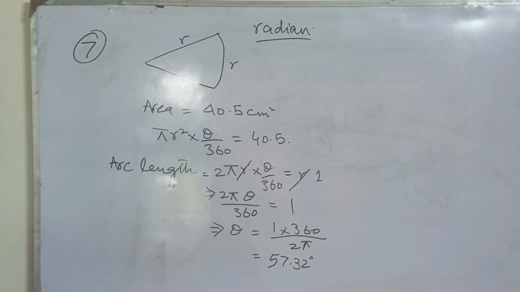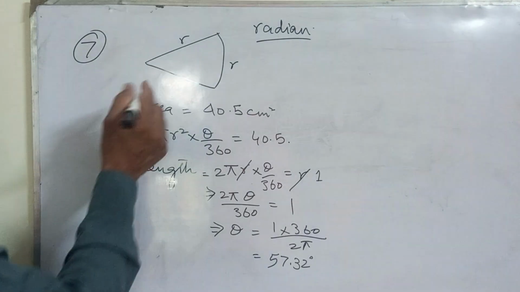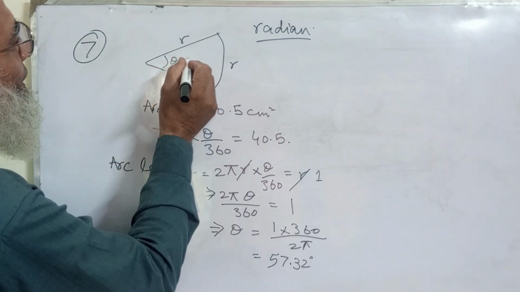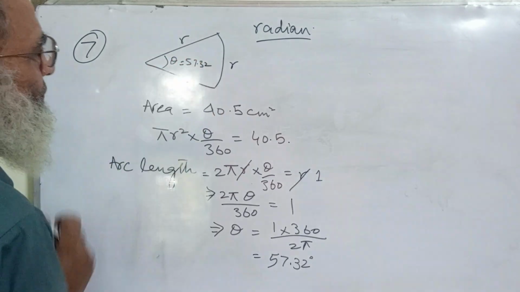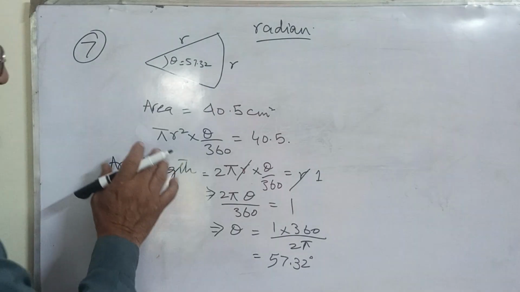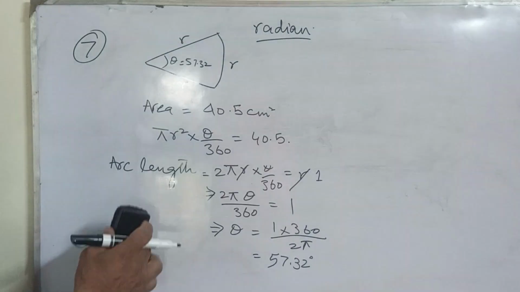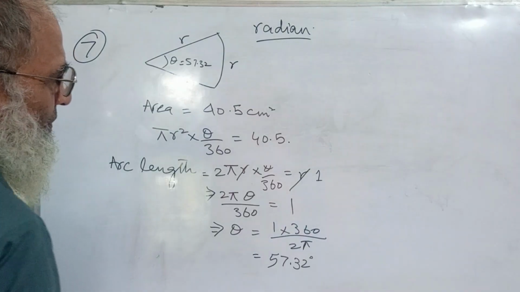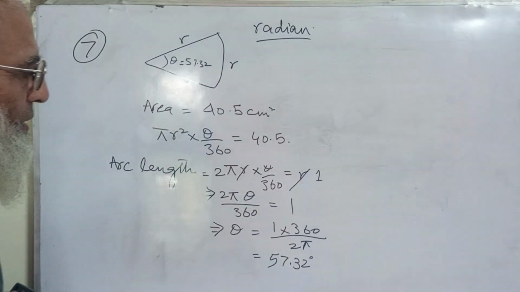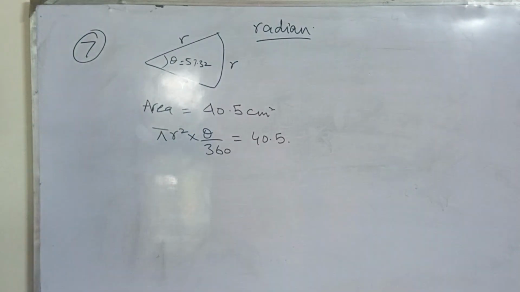Now at least we are able to find one thing, and that is theta, 57.32. Now we can proceed with this figure. Just keep this answer with you. I am going to erase it till here.